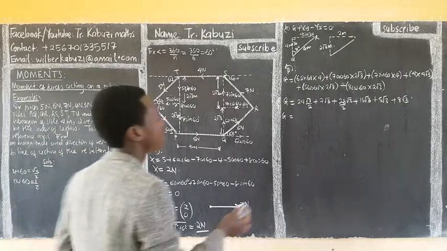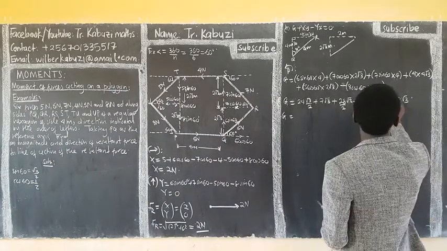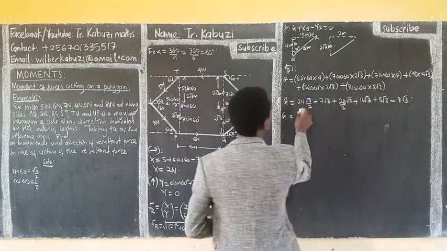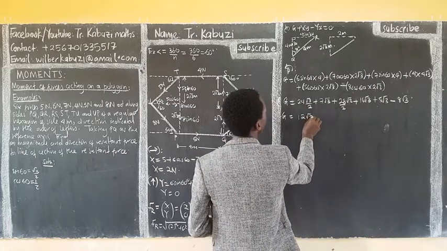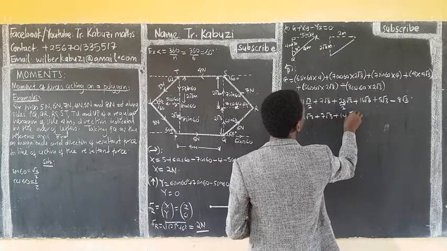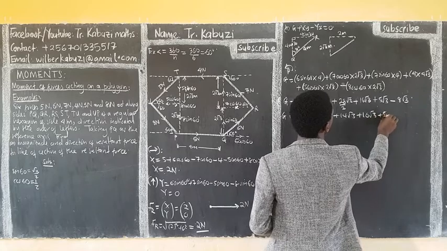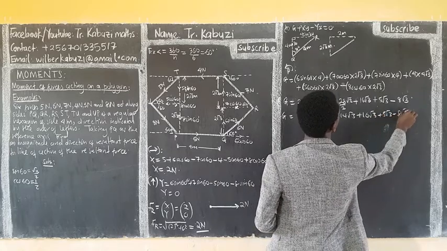So from here, our G, let me show you here. Sorry, this is negative, this is negative, so this is negative from here. So this is going to be 12 root 3 plus 7 root 3 plus 14 root 3 plus 16 root 3 plus 5 root 3 minus 8 root 3.